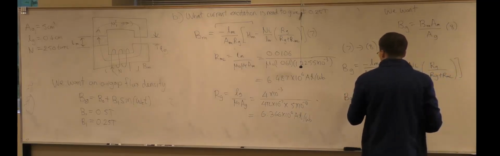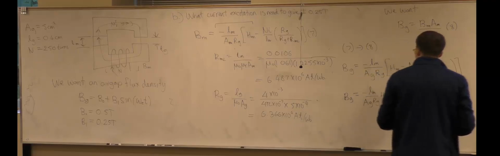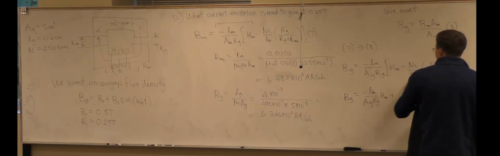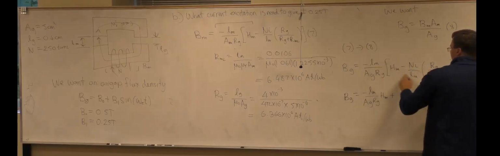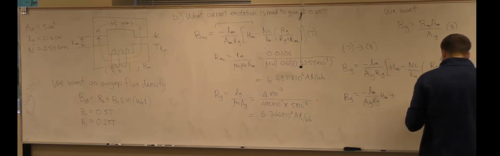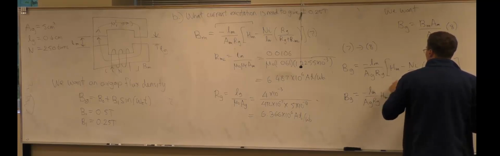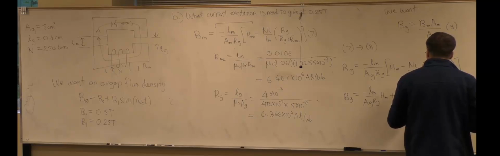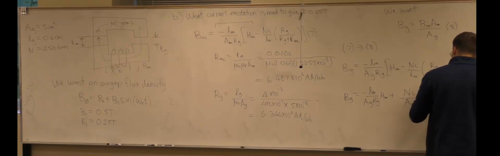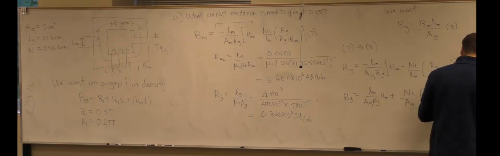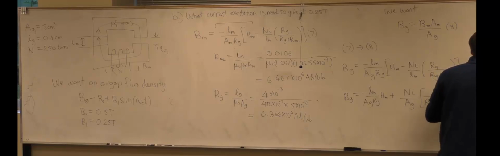So we have Bg is equal to minus Lm over Ag Rg Hm plus, and now the Rg's cancel and the Lm's cancel, and so we get out plus Ni divided by Ag times 1 over Rg plus Rml, times sine omega t. Okay, like that.